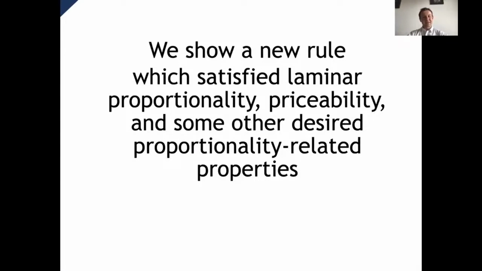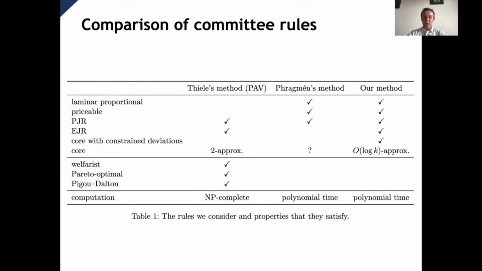This rule seems a little bit similar to Phragmén's rule, but with the tweak that the voters are given their budget upfront rather than they earn it continuously. This voting rule is quite simple and appealing, but due to space constraints, I will not describe it in detail. However, I will quickly show a comparison of the voting rules that we considered in our paper and an overview of the properties that they satisfy.